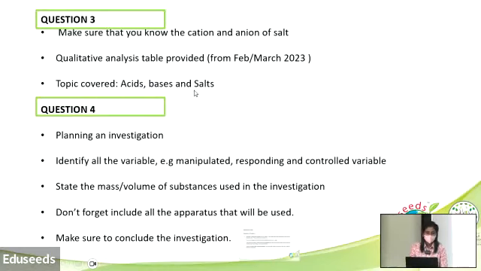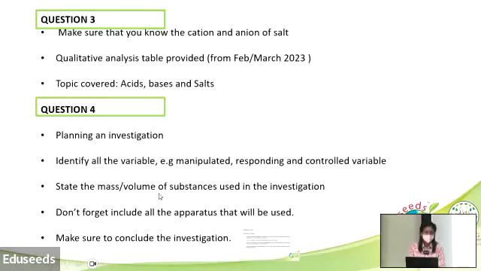Now question 4. Question 4 is where you need to write and basically plan an investigation. You need to identify all the variables, like manipulated, responding, and control variables, from the question given.